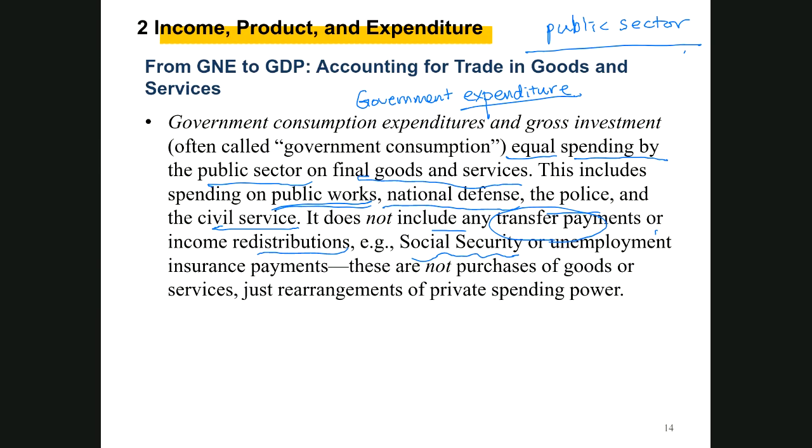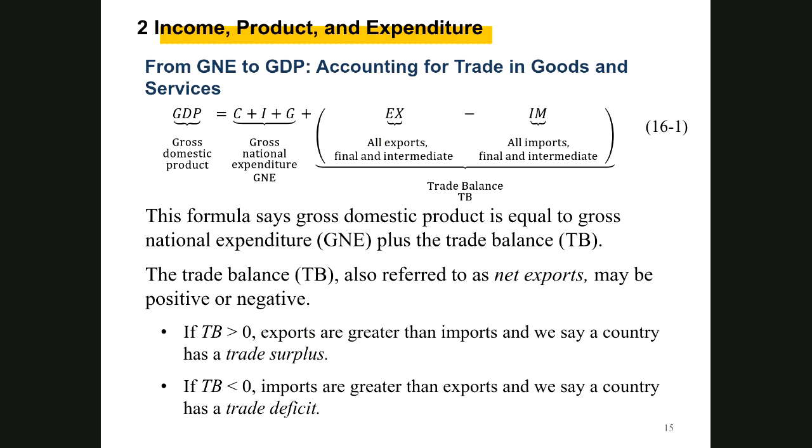Okay, so now we already know the definitions of consumption, investment, and government spending. The last part is called the trade balance. So what's the meaning of exports? You sell goods from the domestic market to the foreign market, right?